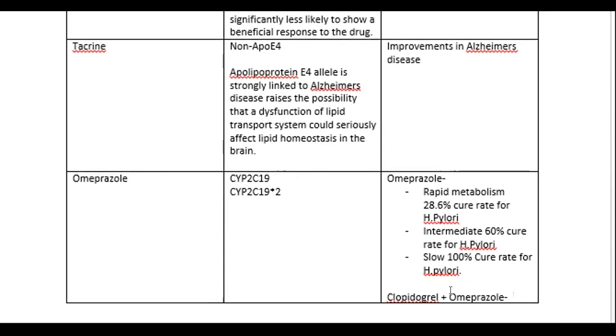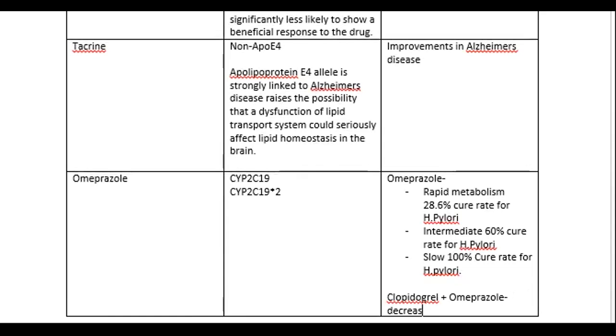Causing a decrease in antiplatelet effect.